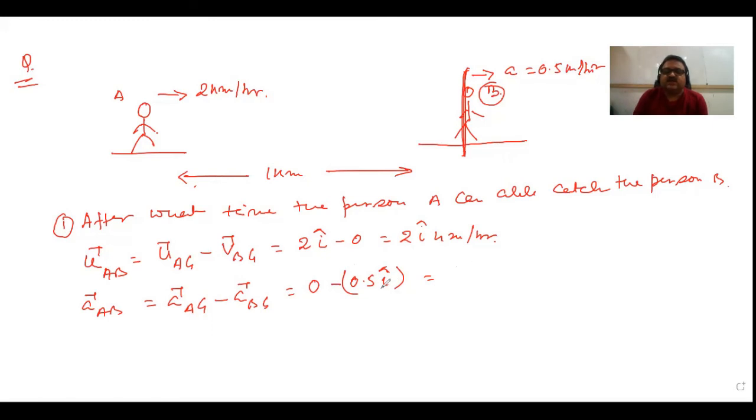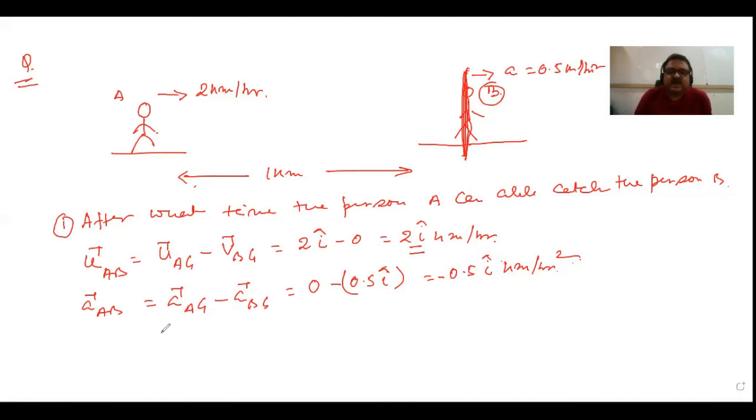So what will be the value? 0.5 i cap kilometer per hour square. Now it is the observation of B. So B is standing still. He is finding A starts moving initially with this velocity, and the acceleration of A with respect to B is 0.5, but it is minus.